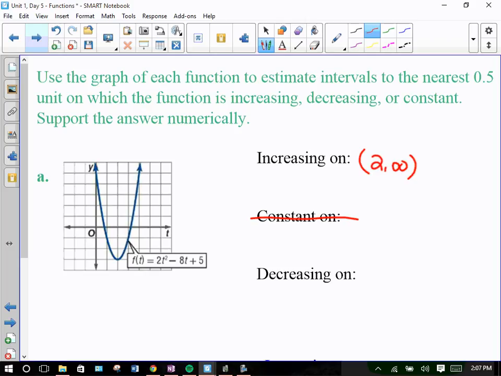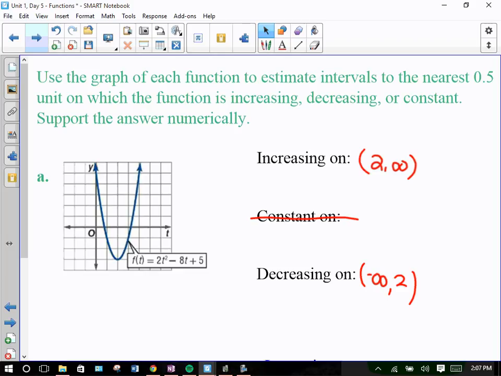Okay. What about decreasing? You're saying infinity because the y value is negative infinity. Question.